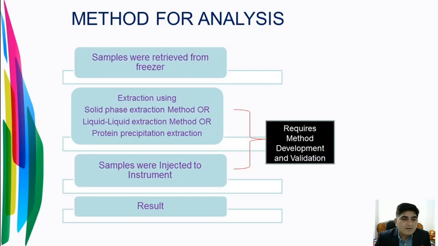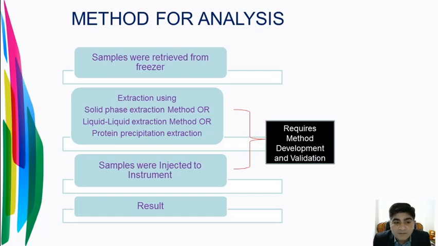For analysis of concentration, we have to retrieve the samples from the deep freezer. The samples are frozen, so we have to give time for thawing. Approximately 45 to 50 minutes are required to thaw. Now we have the concentration in blood, or in plasma, according to the protocol.